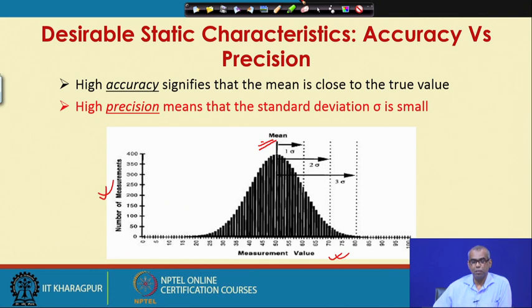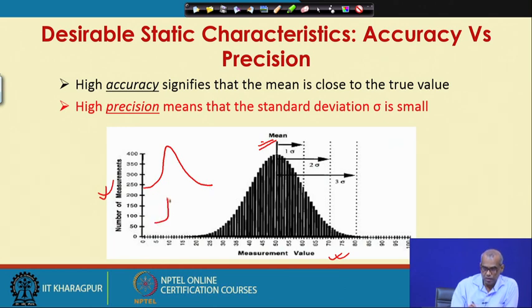If the precision of the instrument is high, the spread of the distribution will be less. So, a distribution like this, and a distribution like this, if you compare, the precision here is much more than the precision here, because the spread of the distribution is low here.